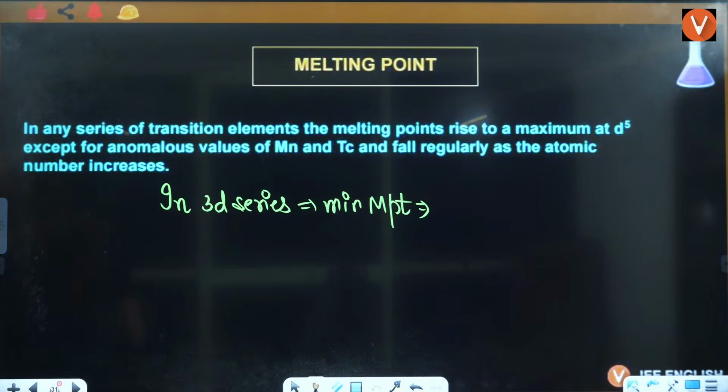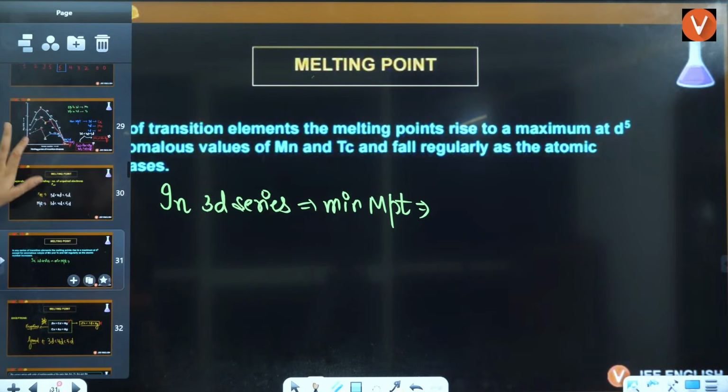Okay, wait a minute. Scandium minimum. Yes, chalo, let's see this from here.